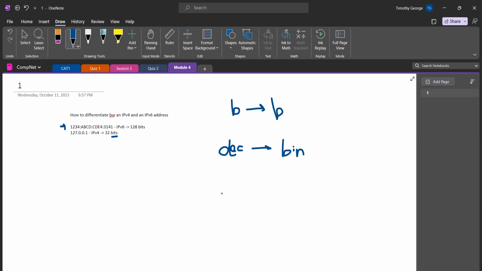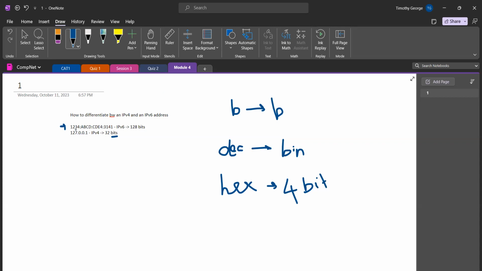If you have hexadecimal, the coding is made in such a way that one hexadecimal digit is 4 binary bits. So let's just verify.